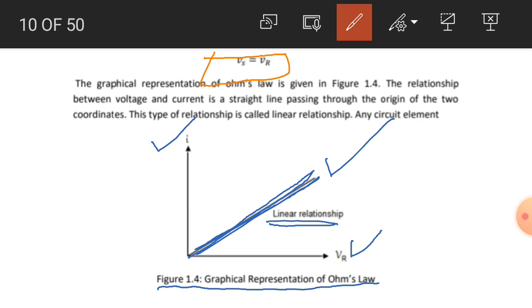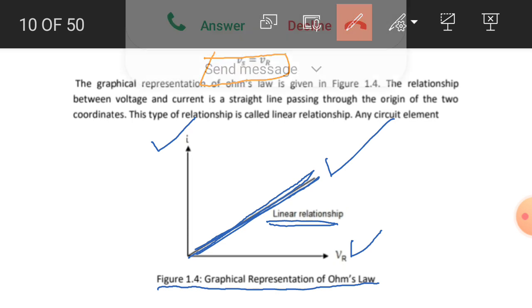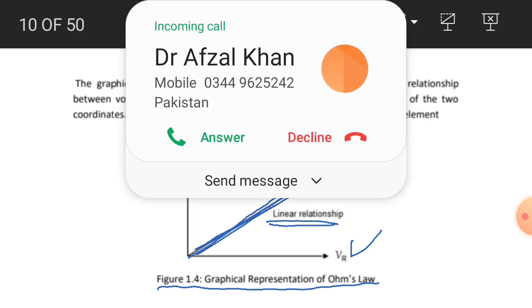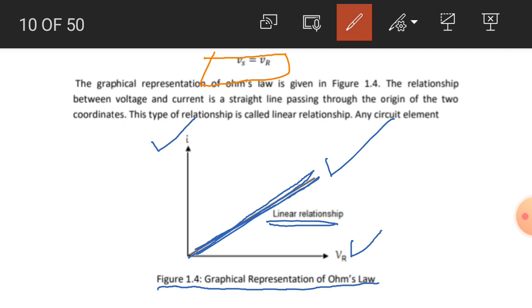If we get a straight line between the voltage and current like this, this kind of relationship is known as linear relationship. And any circuit element which has a linear relationship between the voltage and current is known as linear circuit element.